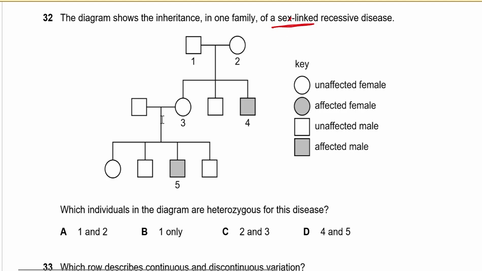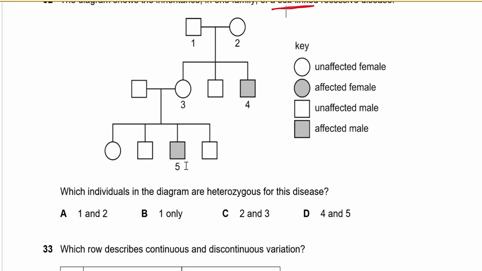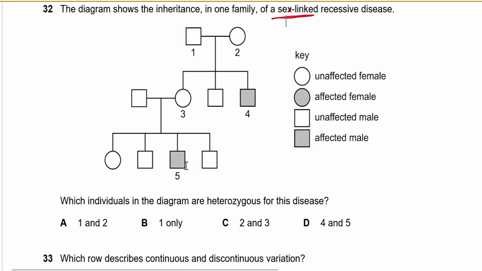The same goes here. Person 3 and the partner have children. Other children appear normal, but one of the female children appears to have the disease. Which individuals in the diagram are heterozygous for the disease? They carry the disease, but it does not show. These individuals have to be females. Females will carry the disease, and yet they'll appear to be normal. They won't show that they have the disease.